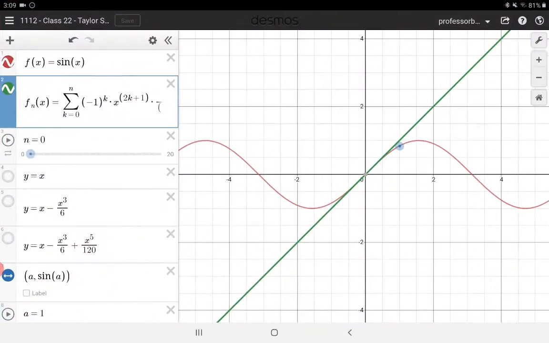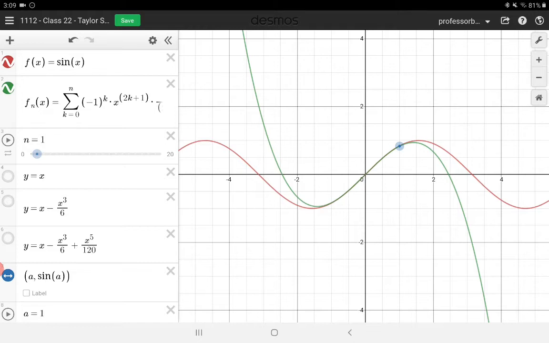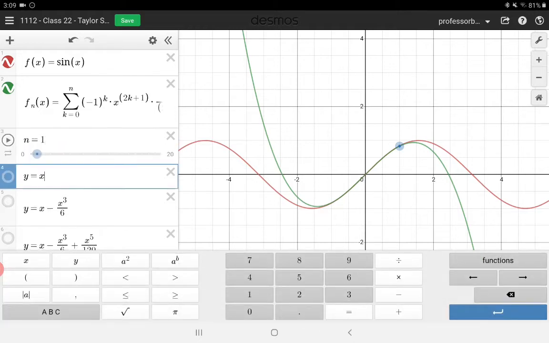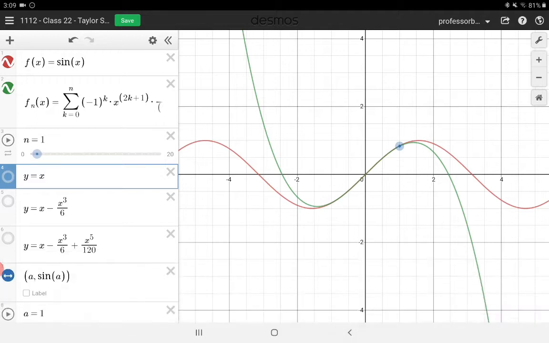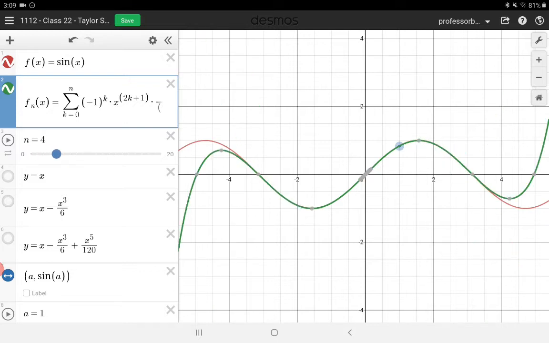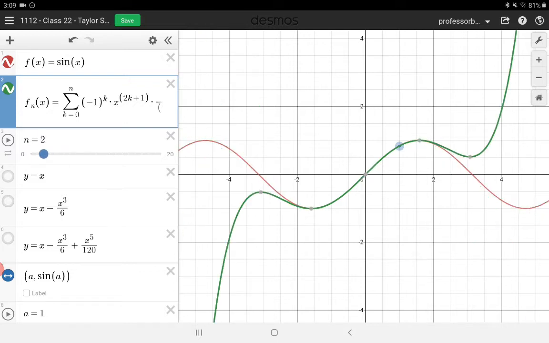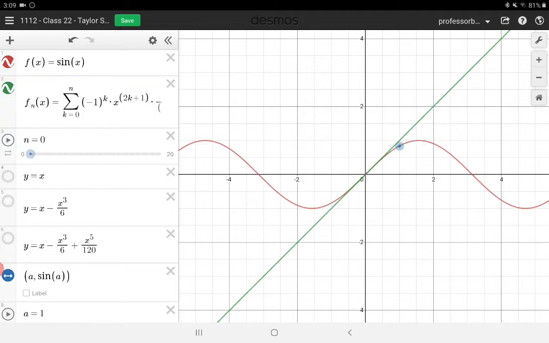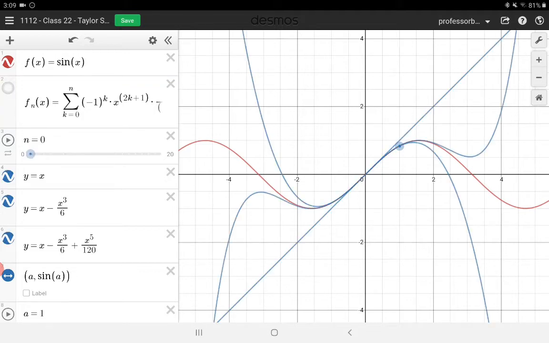So if I go back to Desmos and scroll my n slider bar over to the right a little bit, or you can just type 1 for n if you'd like, notice that I now am plotting a cubic. According to what I've typed up here, it's following the exact pattern to graph f sub 1 that I gave you on the slide. Then you can scroll this n slider bar to see those happening. Or you can uncheck that, and just plot the first couple that I asked you on the slide, so you can see them all at once if you'd prefer to do that.